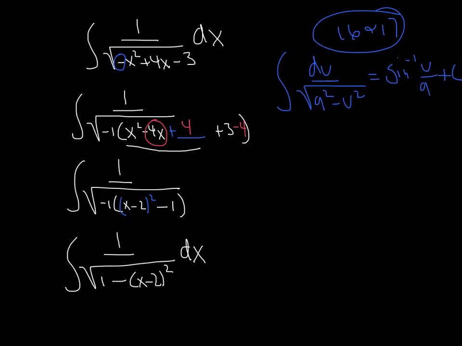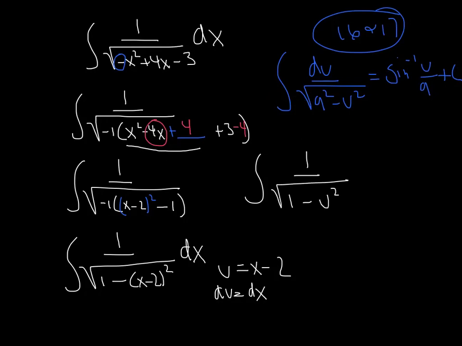So we're going to let u equal x minus 2. So du is equal to dx, so that's pretty simple. So now we can go ahead and replace everything and put it in terms of u. So it's going to be 1 over the square root of 1 minus u squared, and dx we can replace with du.